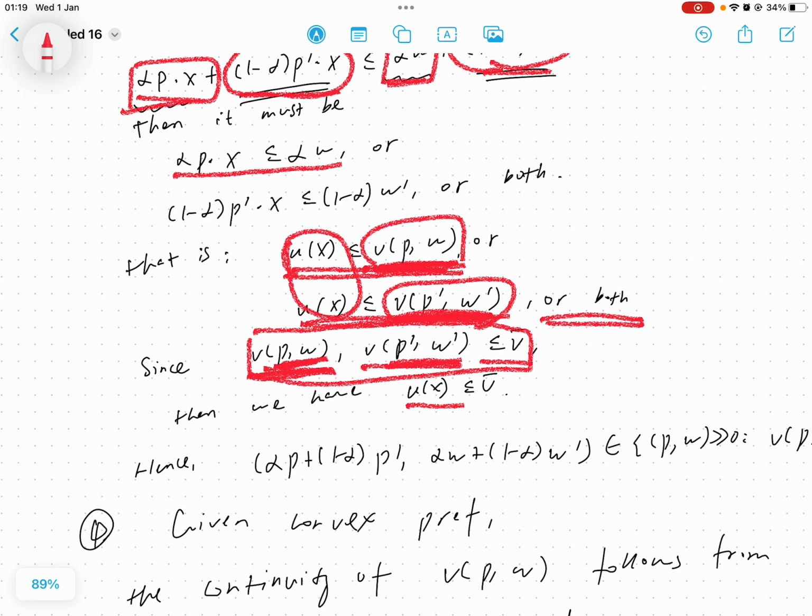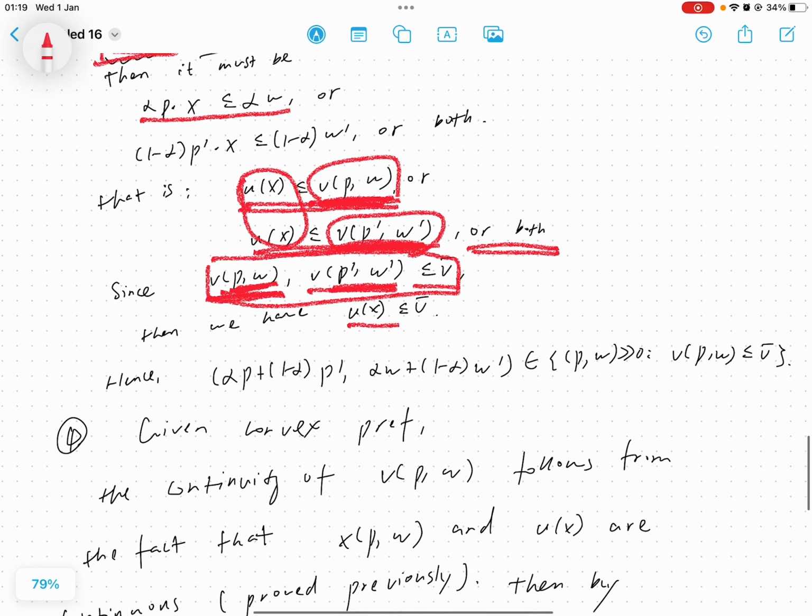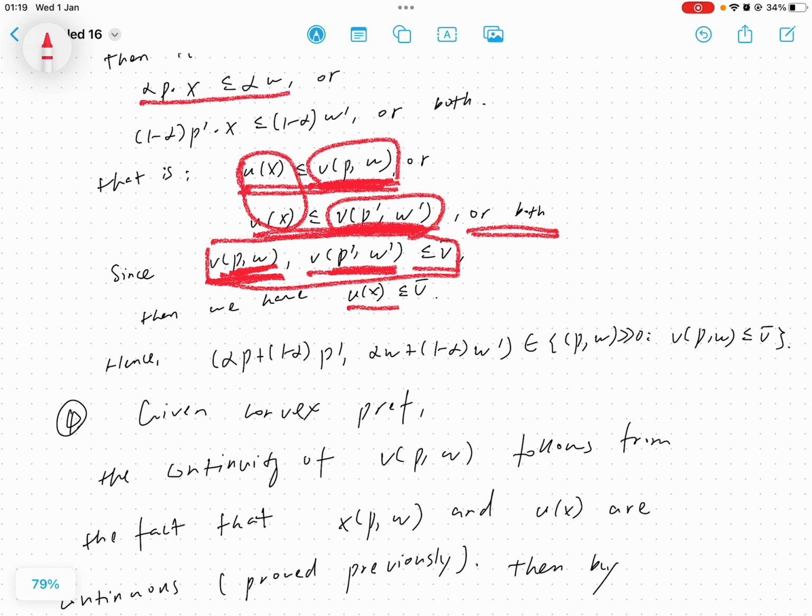Okay, so now we have shown that in any case of those inequalities, after the convex combination, this point is still satisfying the condition.